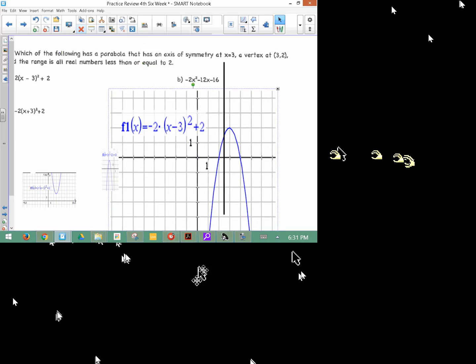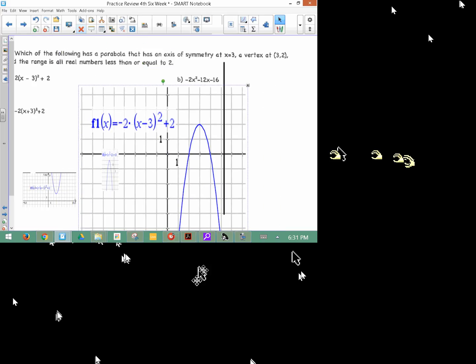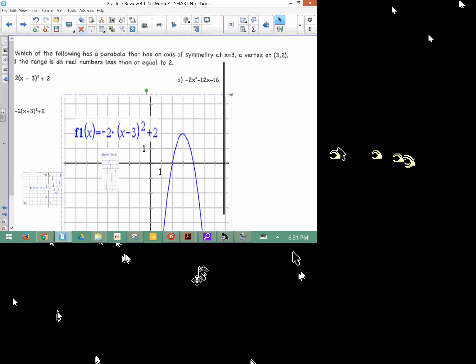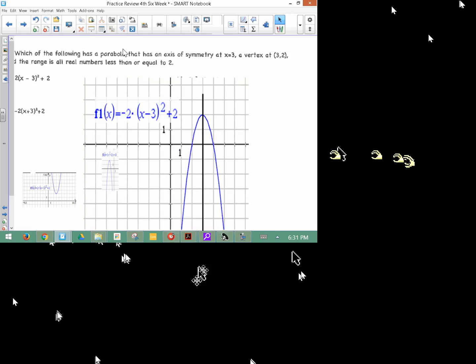If I look at this last graph here, it has to have an axis of symmetry at x equals 3. And there it is. That's the line of symmetry. The vertex is at 3, 2. There's 3, 2. And the range is all real numbers less than or equal to 2.